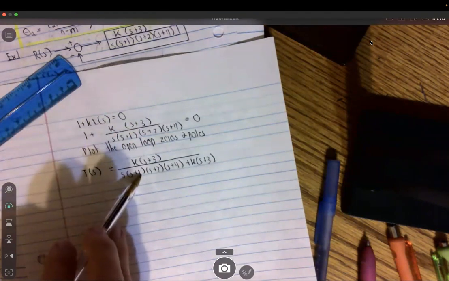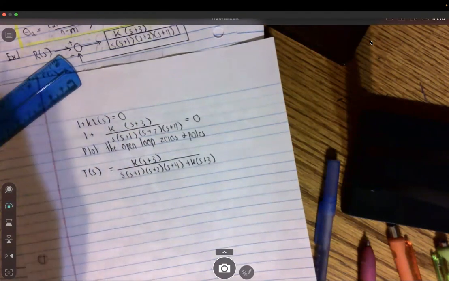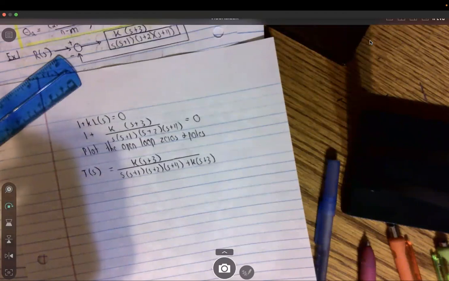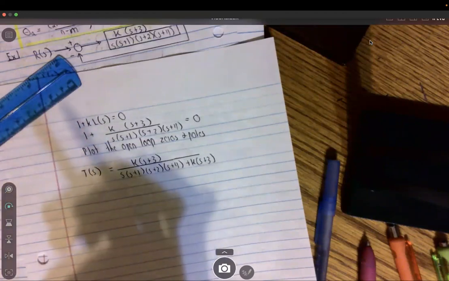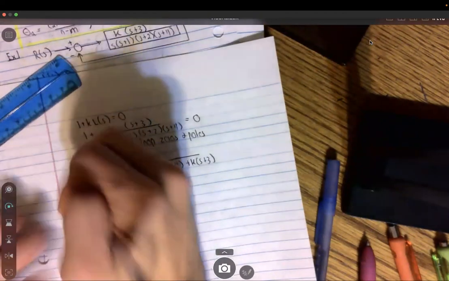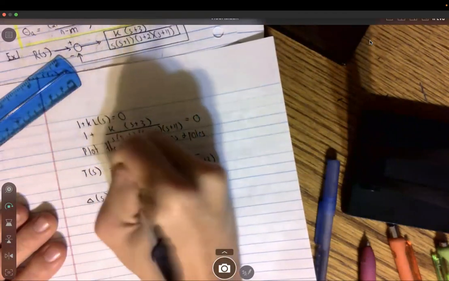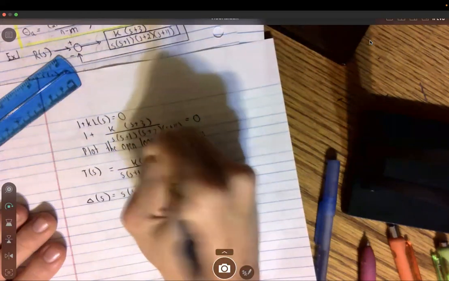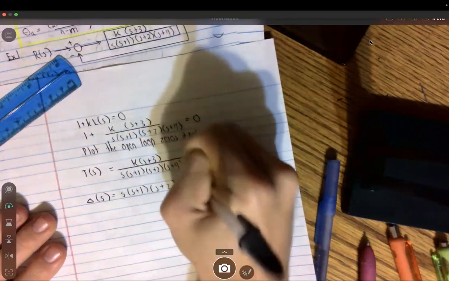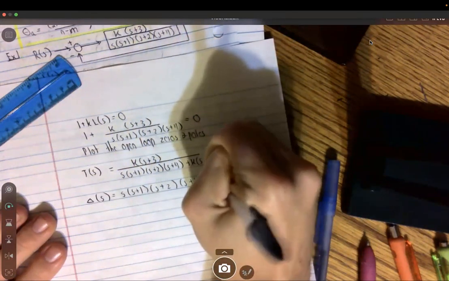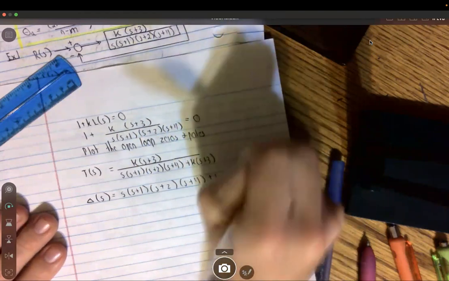So here we're going to be looking at our denominator to find out how many sign changes there are. Our denominator, delta S, is going to be S times S plus 1 times S plus 2 times S plus 4 plus K times S plus 3.